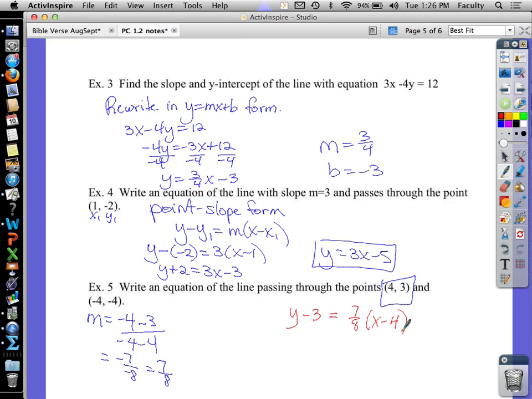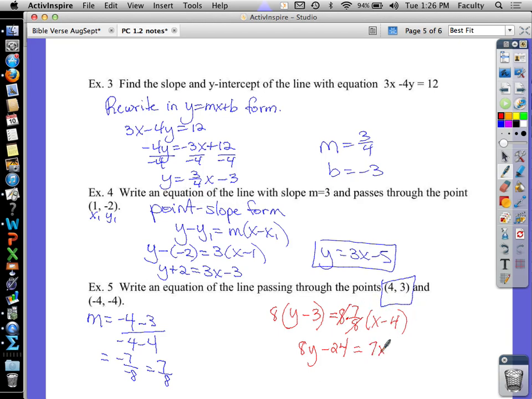Now, you've got this fraction, and you can work it an easy way or a difficult way. The easy way is take whatever's in the denominator and multiply. So I get 8y minus 24 equals, and now watch, the 8's cancel, and I just need to distribute the 7.